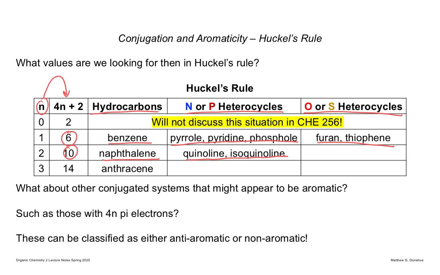So things that end up being 4n, those are classified as anti-aromatic or non-aromatic. And you'll get that information from not only the Frost diagram, but where we put the electrons.